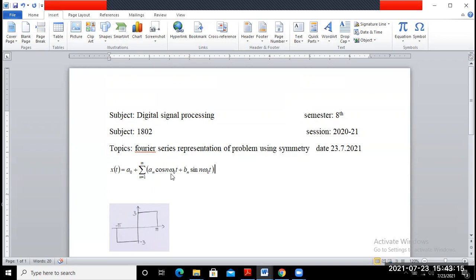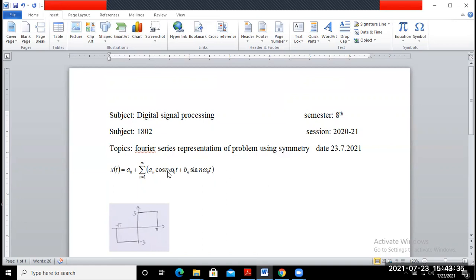The cosine is the even coefficient and the sine term is known as the odd coefficient.